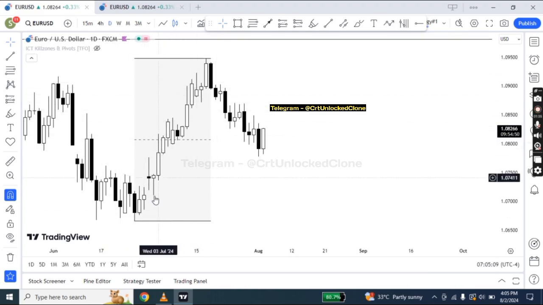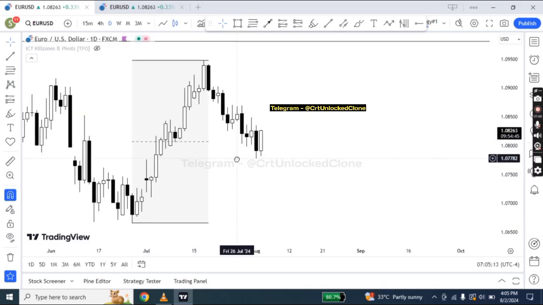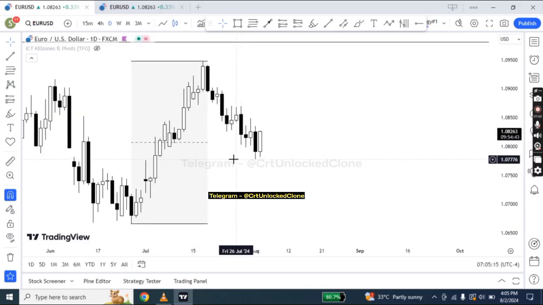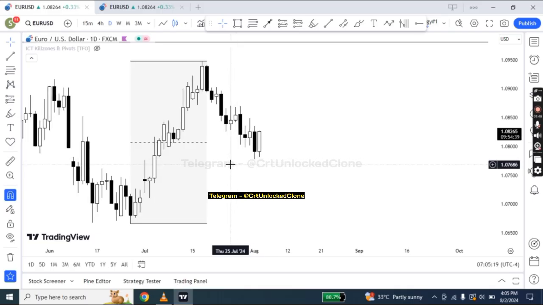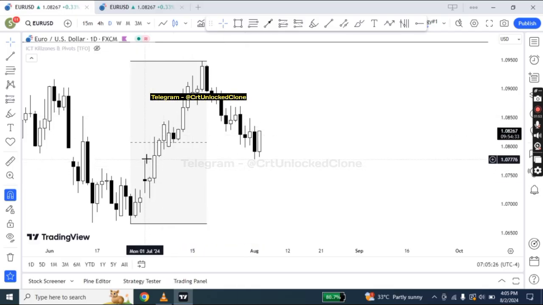So inside this bullish dealing range, we'll have both discount and premium region, and each will have their own respective key levels. Now, if you remember the previous chapters about dealing ranges, then you'd know what type of reaction each key level offers depending upon their position inside this dealing range.